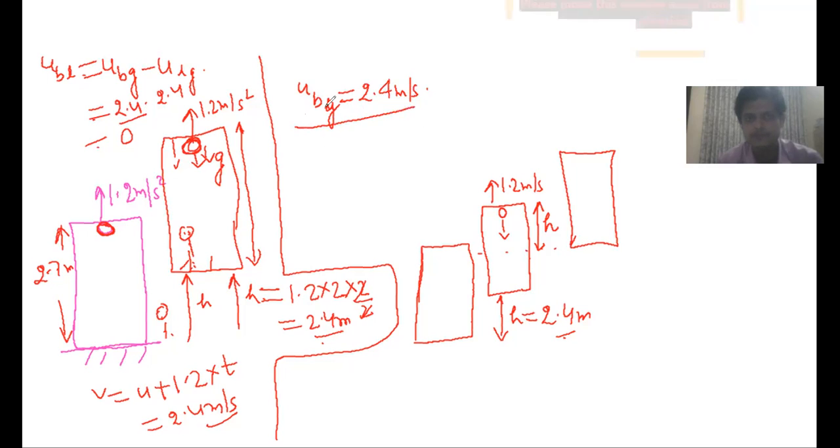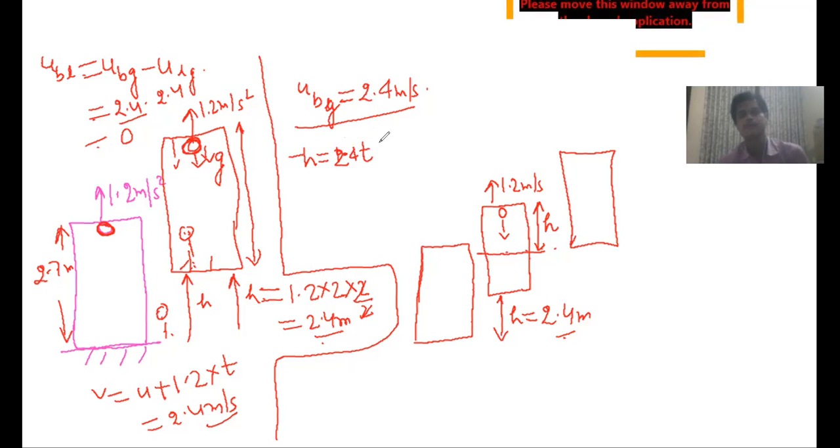Now for this height H, I will write the formula. Taking upward as positive, minus H equals UT, which is 2.4 into T, minus half GT squared.